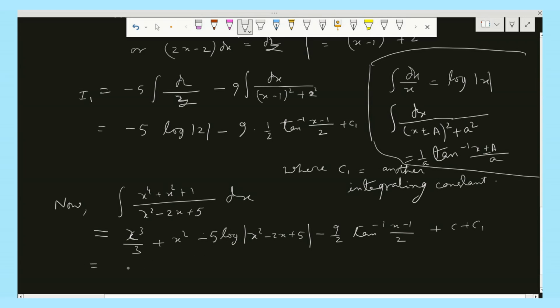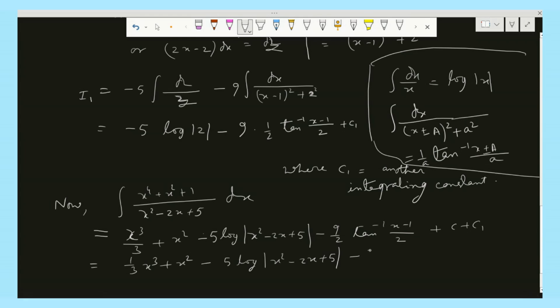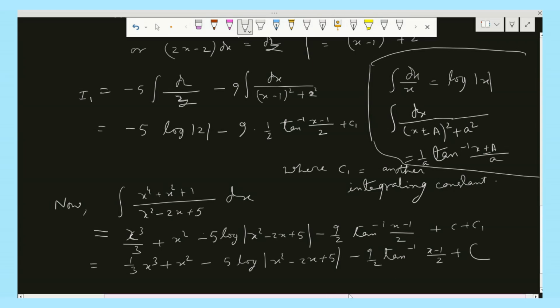That is equal to x cube by 3 plus x square minus 5 log of x square minus 2x plus 5 minus 9 by 2 tan inverse of x minus 1 by 2 plus capital C, where capital C is equal to c plus c1.